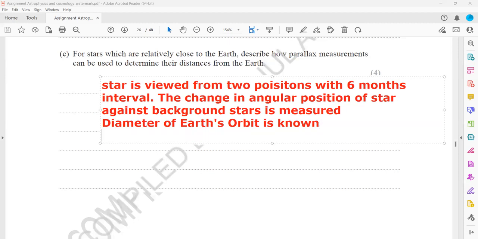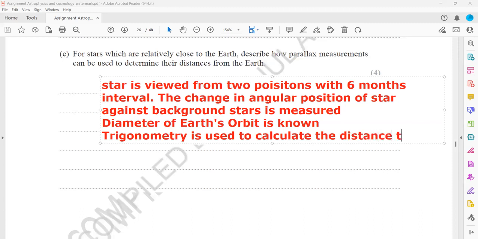So we can use trigonometry to measure the distance, but trigonometric parallax is only valid for nearby stars. Why can we not apply it for stars which are too far from us?